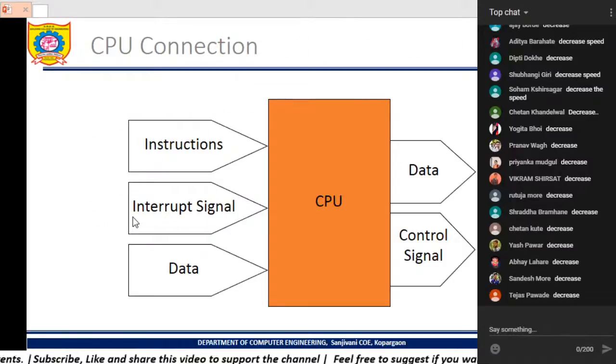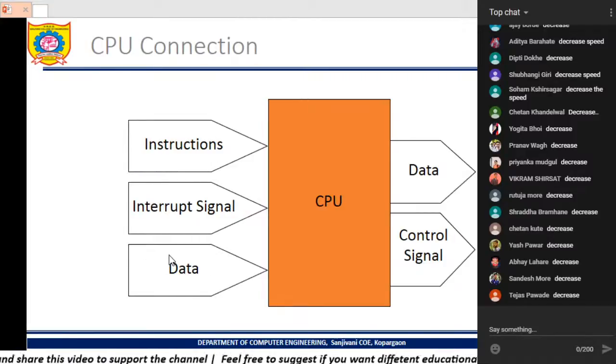If you want to interrupt a process which is in execution, you use an interrupt signal. Now next is the CPU, which actually does the process or converts data from one form to another. So what is the input to the CPU? Data is there, instruction is there.